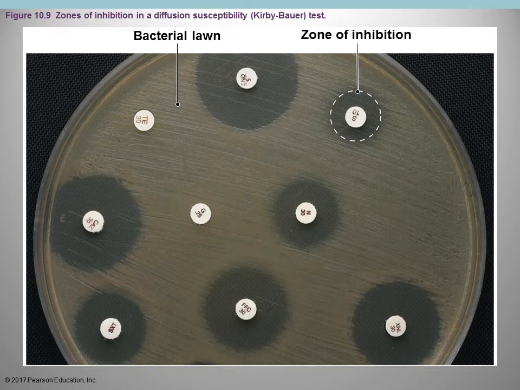So on the one that you can see that they have the white circle around, the S10, and the white dotted line around, that is the zone of inhibition. Between that line and the disc, there's absolutely no growth. Why? Because the antibiotic that was on that disc diffused out into the medium, and this particular bacteria is susceptible, so it prevented the growth of it.